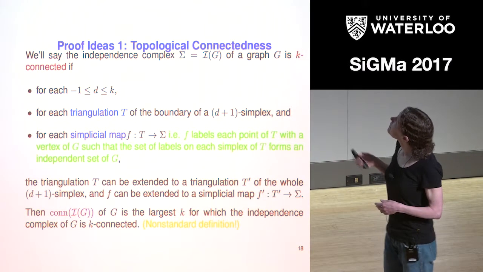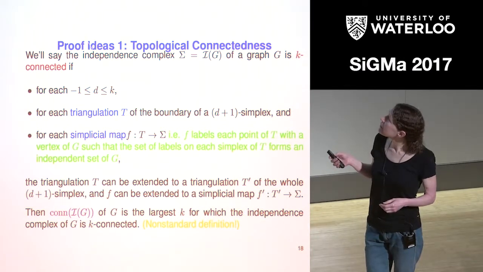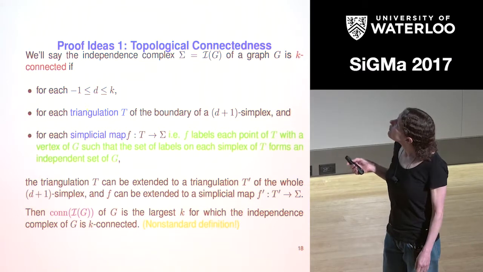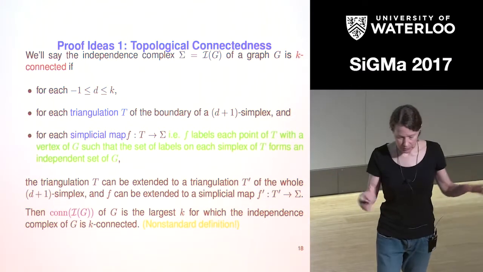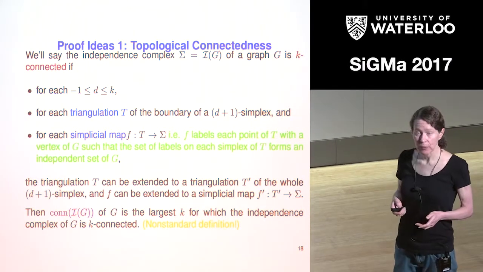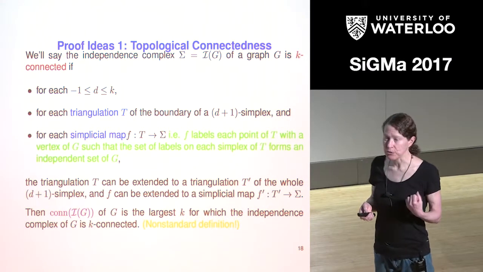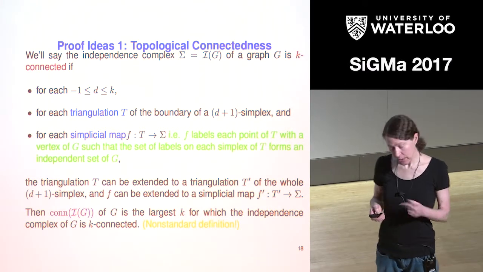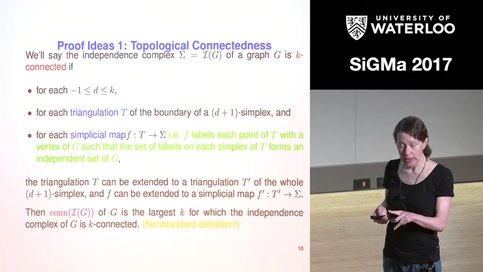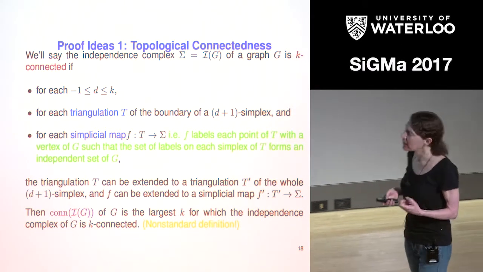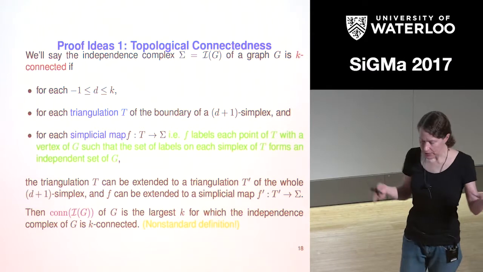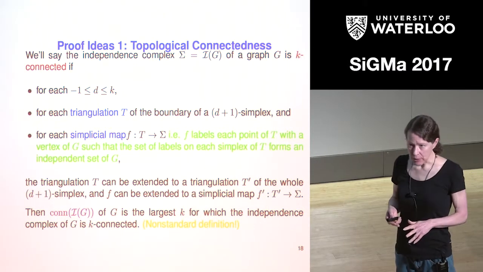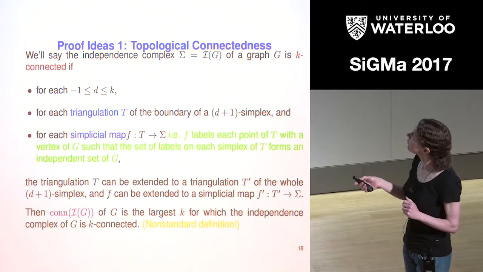We say that the independence complex of a graph is k-connected if, for every d at most k, and this is a different d, sorry about that, not the maximum degree of the graph, for every triangulation T of the boundary of a d plus 1 simplex, and for every simplicial map from that T to your simplicial complex, meaning every labeling of the points of this triangulation with vertices of the graph so that whenever you see a simplex in the triangulation, its set of labels forms an independent set in the graph, there's a way of filling up this triangulation to a triangulation of the whole simplex and extending the simplicial map to the whole simplex.